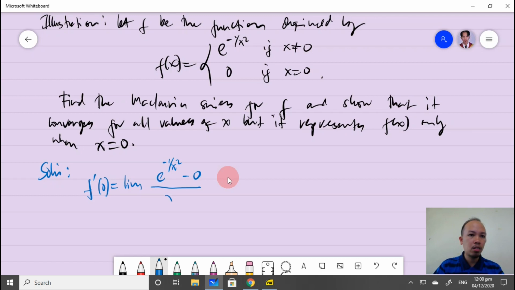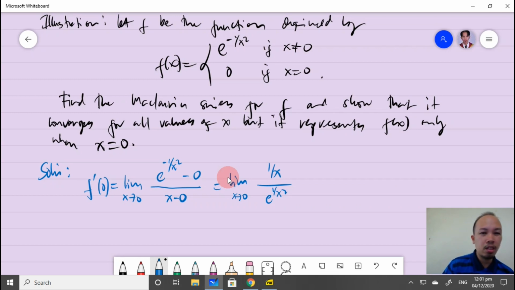As x approaches 0, this will become 1 over x over e to the 1 over x squared. So using L'Hopital's rule, the answer will be this one.